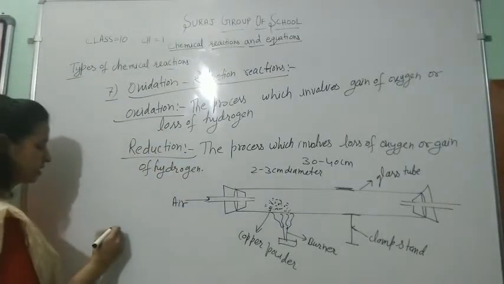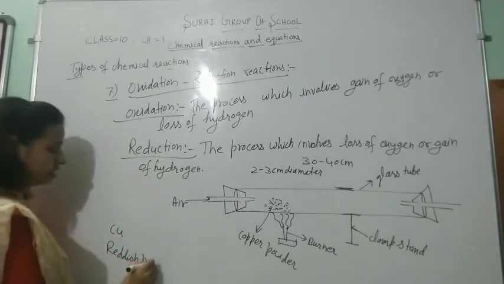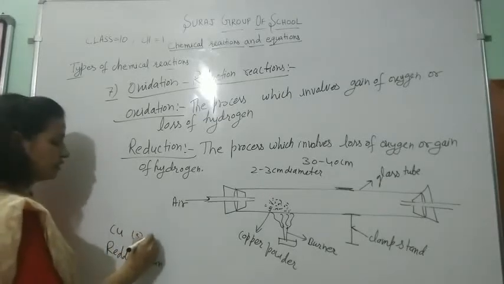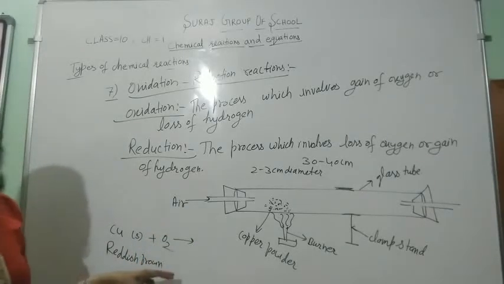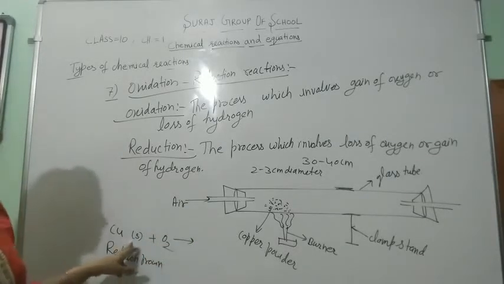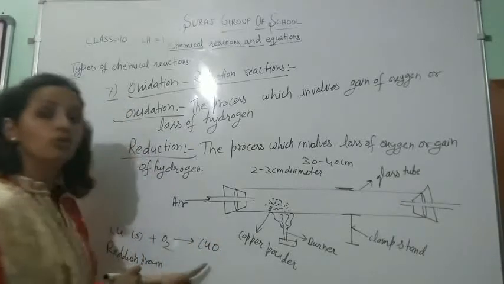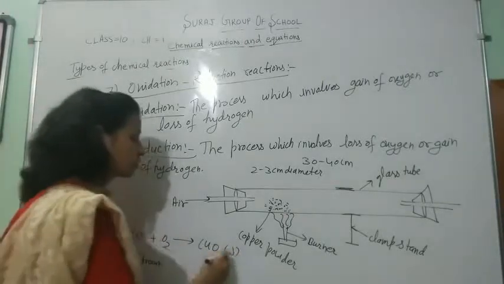We can write the reaction here. Copper, which is a reddish brown solid powder, plus oxygen, reacts to form copper oxide, CuO, which is also a solid.